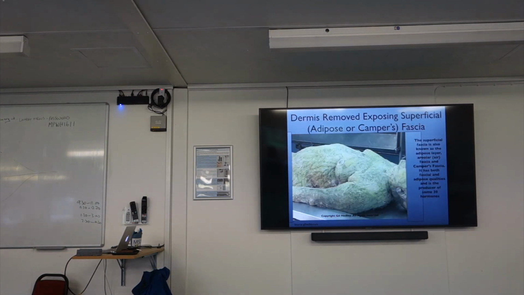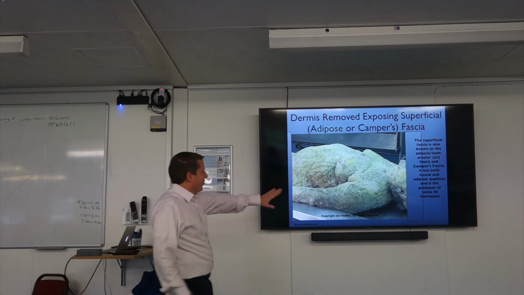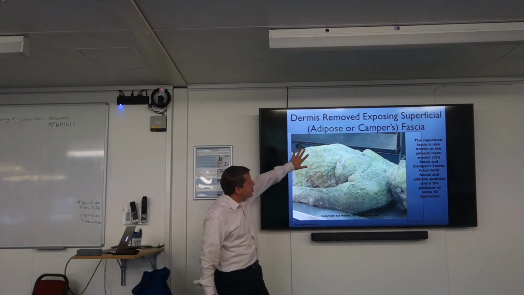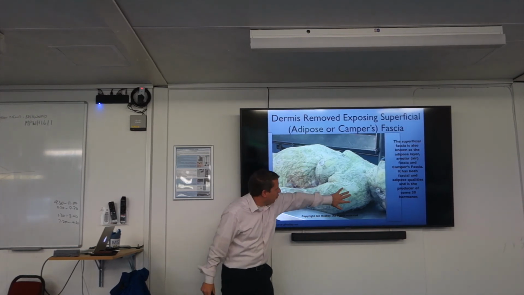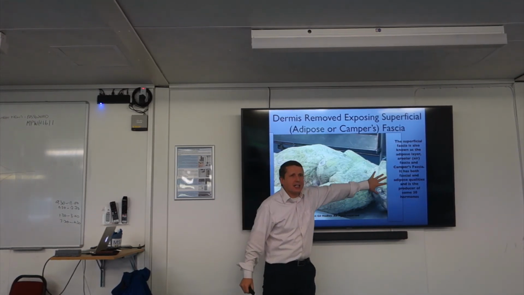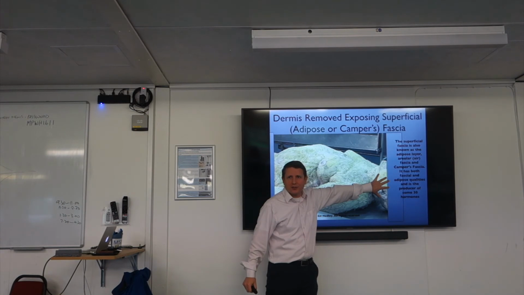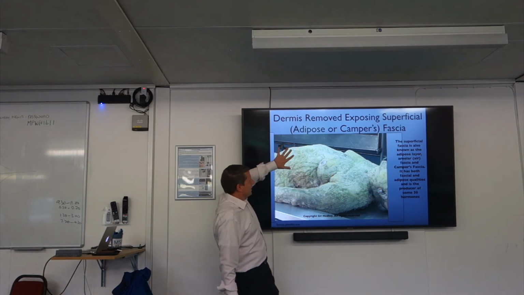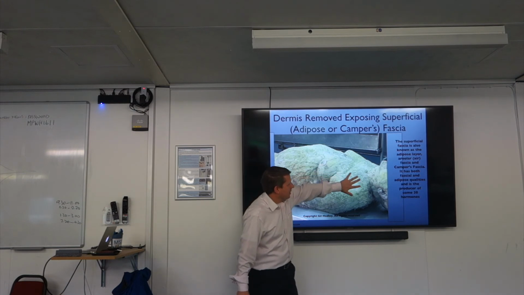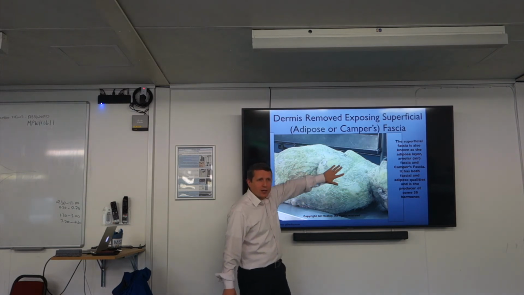If you then remove the skin completely, you're left with this constant fatty layer, and you can see that this layer doesn't differentiate between abdomen, shoulder, upper extremity, neck, head. It's all just one continuous structure. It's not differentiated. And that's quite important because it means that if you have a problem lower down, that's going to create potentially knock-on effects elsewhere in the body.